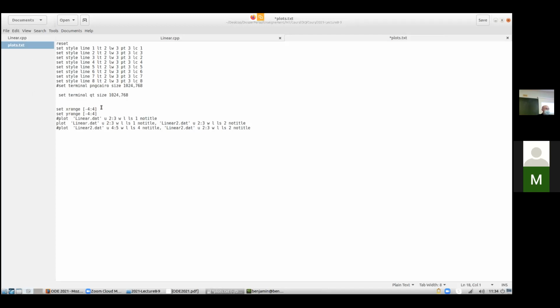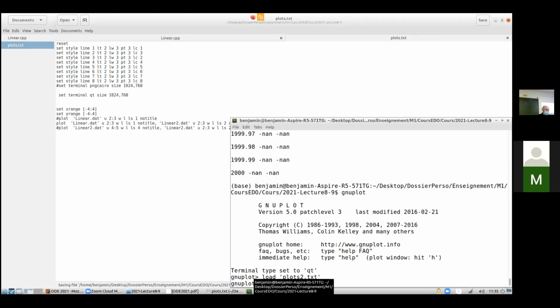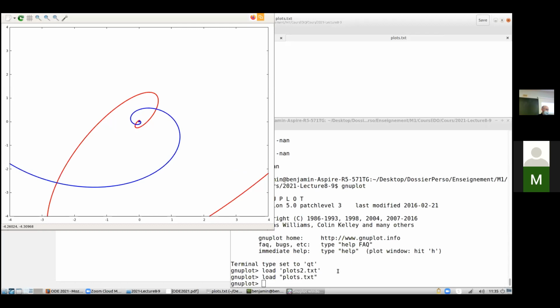I'm going to plot the solution of my original equation and then the solution of my simplified system. No, that's a problem. Don't know why. So maybe I made a mistake somewhere.